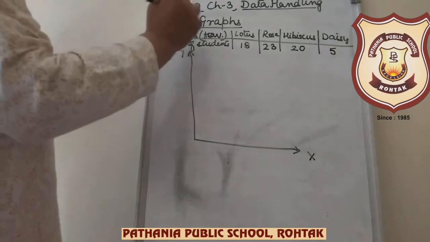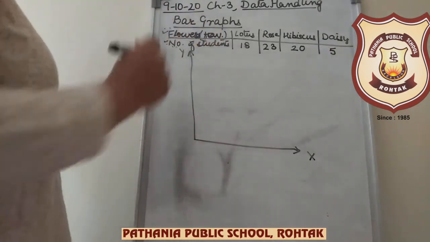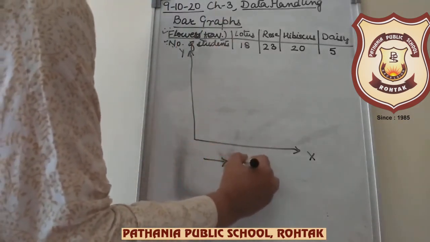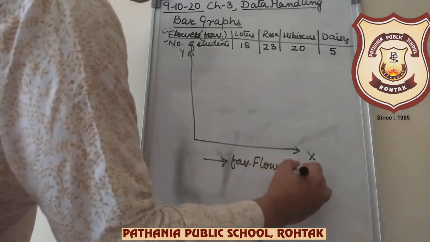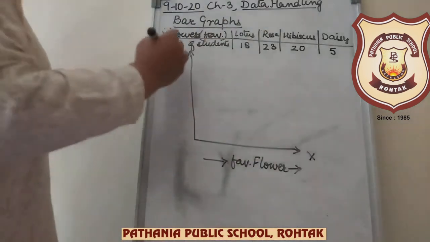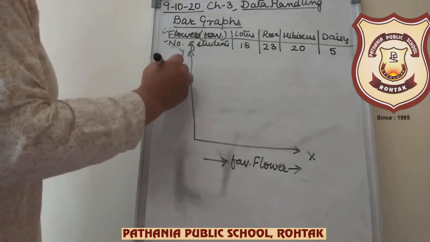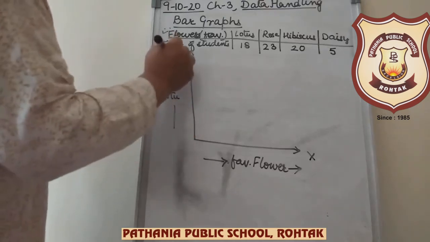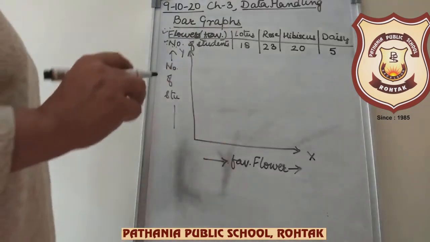Suppose I take flowers, the favorite flower, on the x-axis, and the number of students I am going to take on the y-axis. Clear? I'll show you both the ways how it will come.